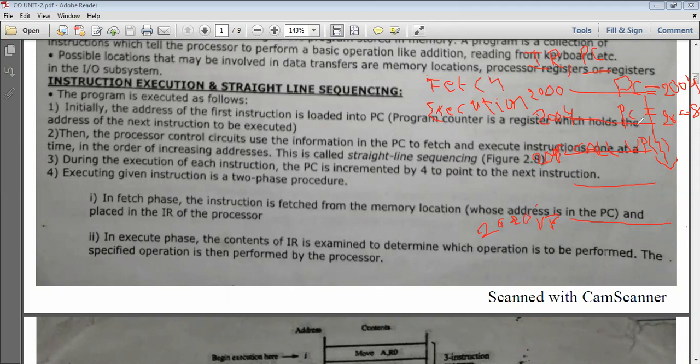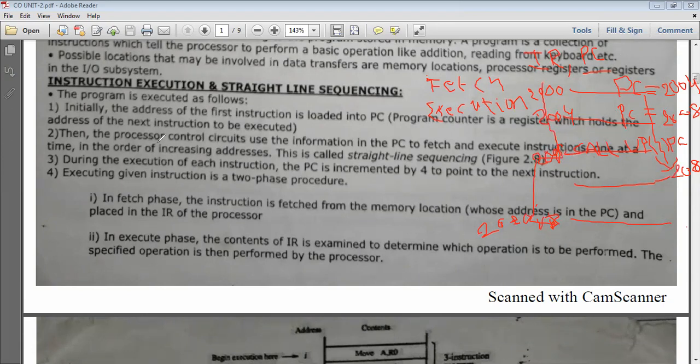Then after executing the second instruction, the PC value is equal to 2020, because call up means the up function is located at 2020. So the controller goes to the first instruction, second instruction, third instruction, and after this goes to where the up function is. Like this, the PC value shows which instruction is executing next.